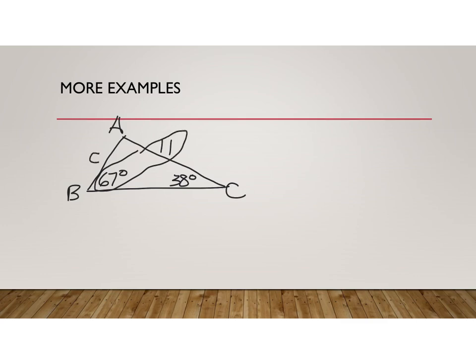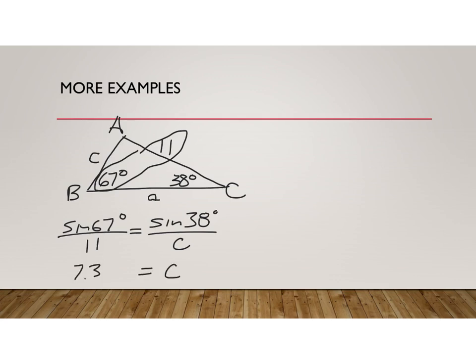And labeling the other side, this would be side C, side A. I do have a pair, so now using law of sines, I could just do sine of 67 is to 11, as the sine of 38 is to C. Solving for C, I'd go 11 times the sine of 38, cross multiplying, divide by the sine of 67, and I would get side C to be about 7.35, or 7.4 if you wanted to round it that way.